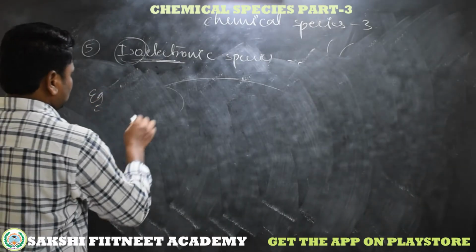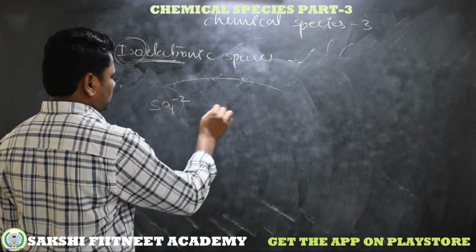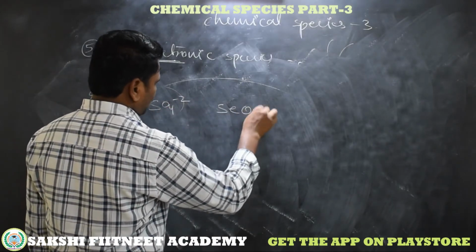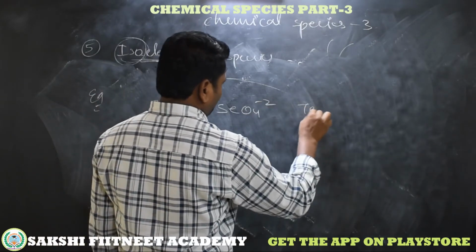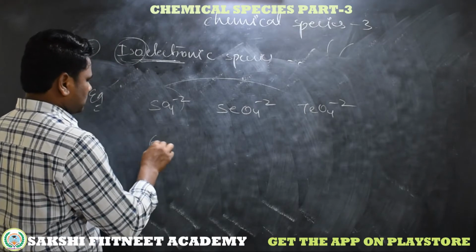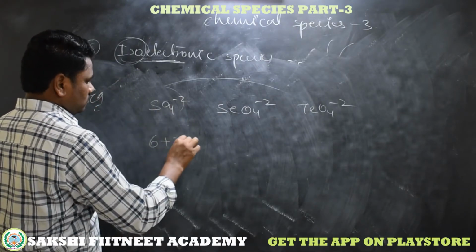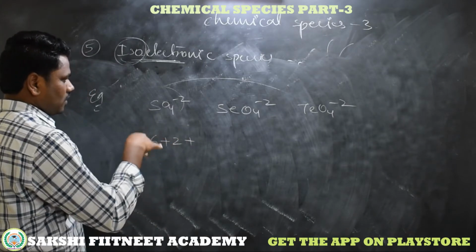Next example, that is SO4 minus 2, selenium with 4 oxygens minus 2, tellurium with 4 oxygens minus 2. Sulfur has 6 valence electrons, plus total charge minus 2, so 2 are gained and we need to add them.